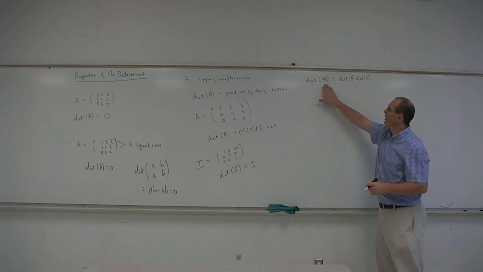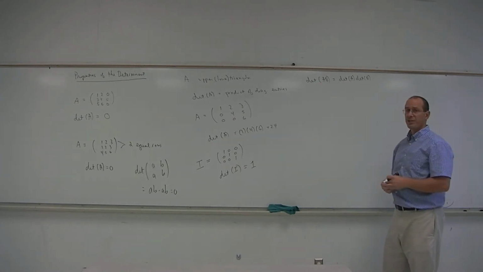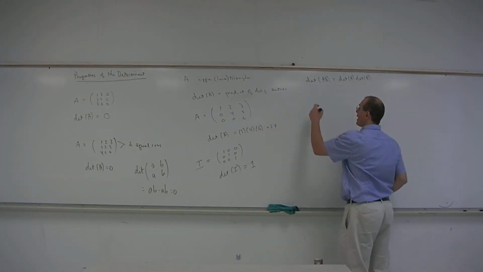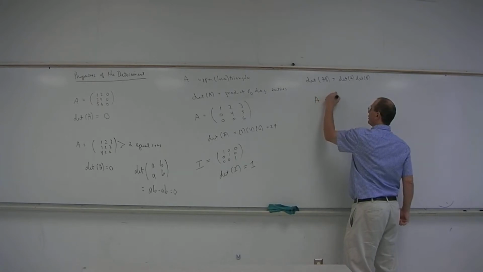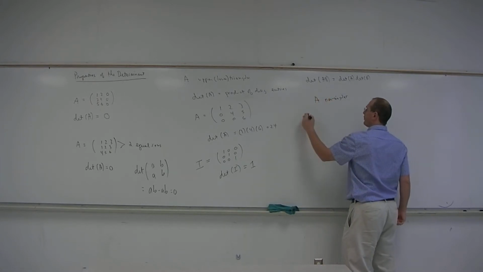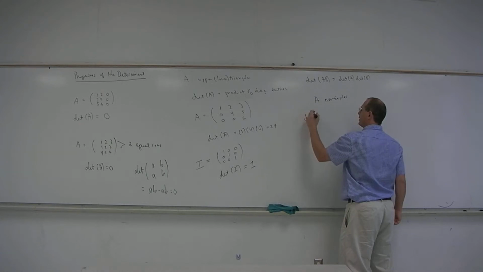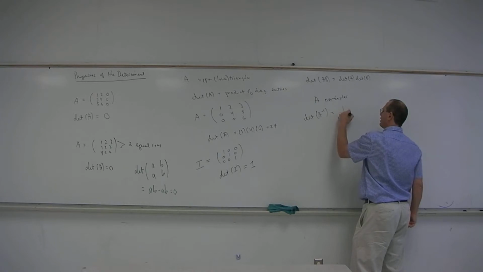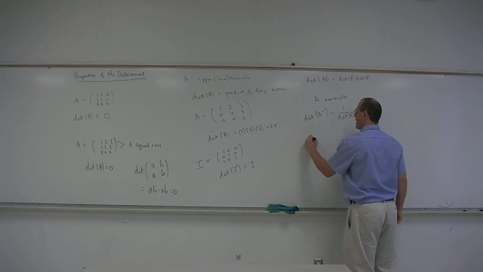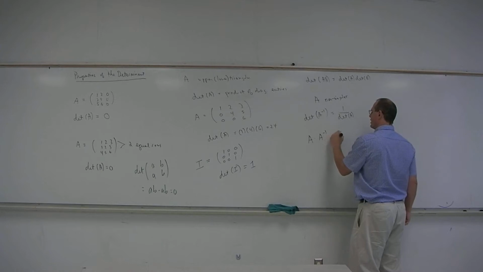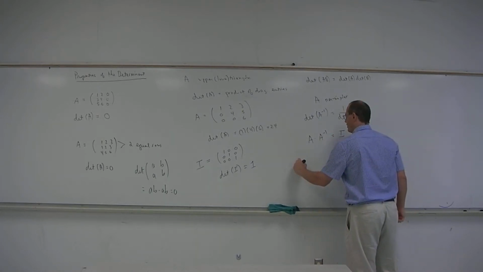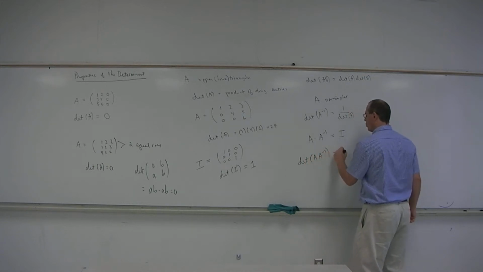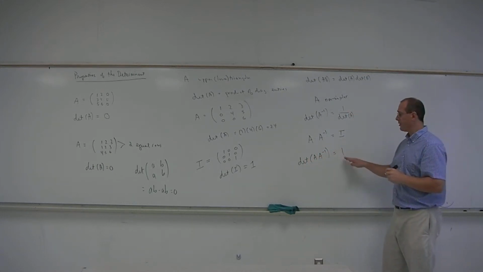For one thing, if your matrix A has an inverse, so if A is non-singular, then the determinant of A inverse is 1 over the determinant of A. That's because A times A inverse is the identity, and the determinant of A times A inverse is therefore 1, because the identity has determinant 1.